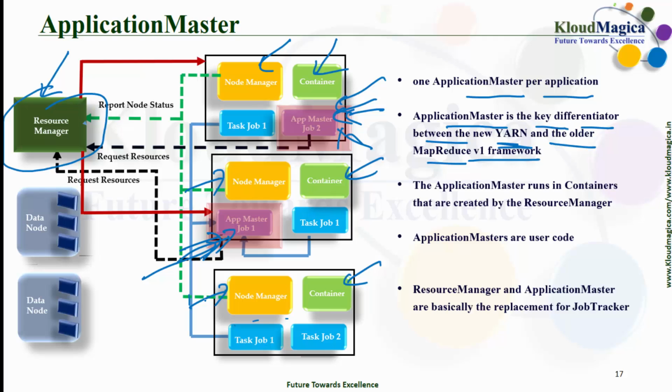From the YARN point of view, application masters are user code, means written by developers, and therefore a potential security issue can be there. This application master is written by the developer.